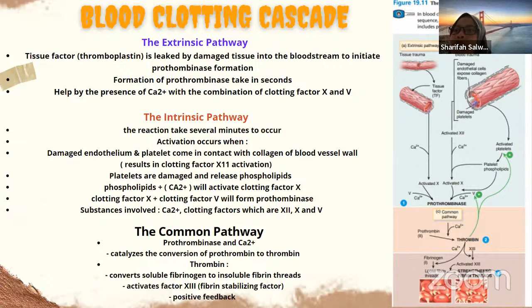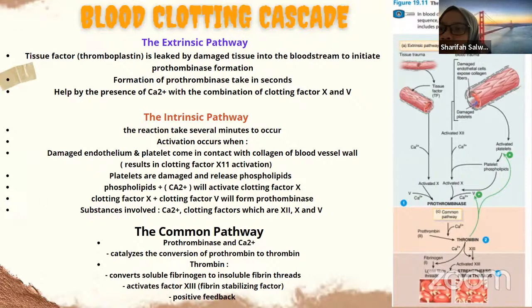Formation of prothrombinase in the extrinsic pathway takes seconds. This is helped by the presence of calcium ions in combination with clotting factors 10 and 5, so it happens in a very short time.